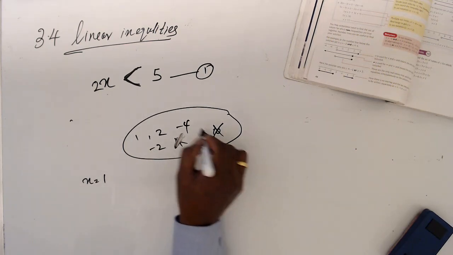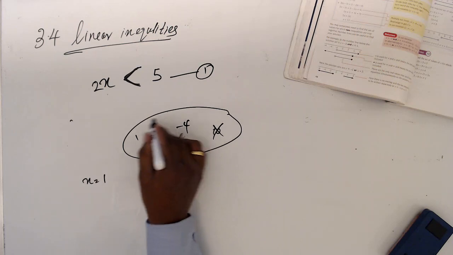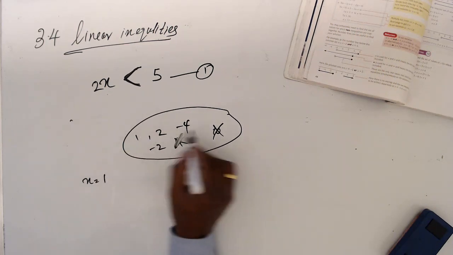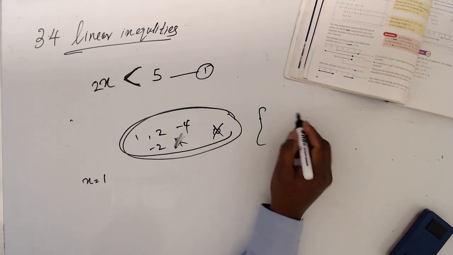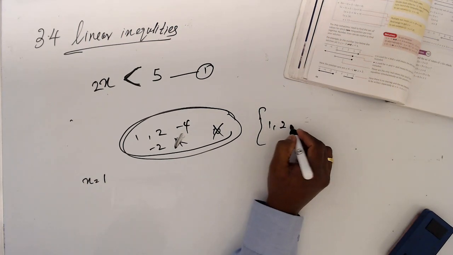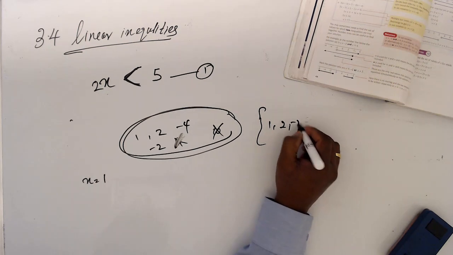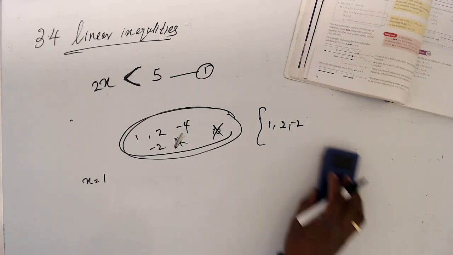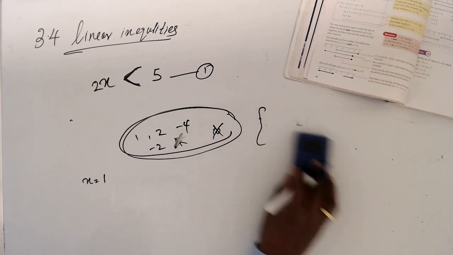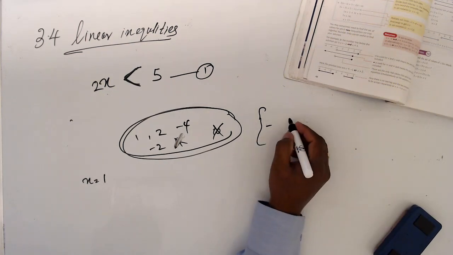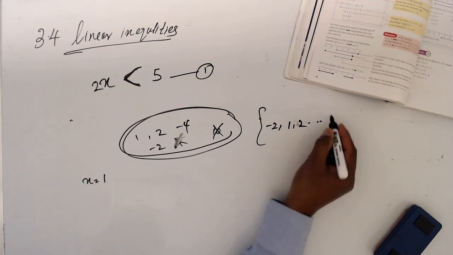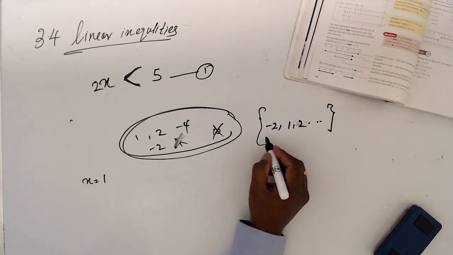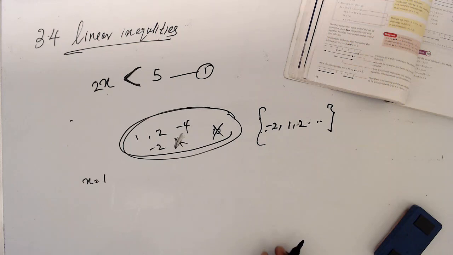Likewise, I want to find all the values, the whole set of values. It's nice to write as a set, and it is better to write in ascending order: minus 2, 1, 2, dot dot, and so on, all the numbers.